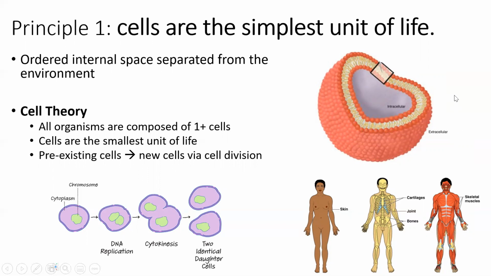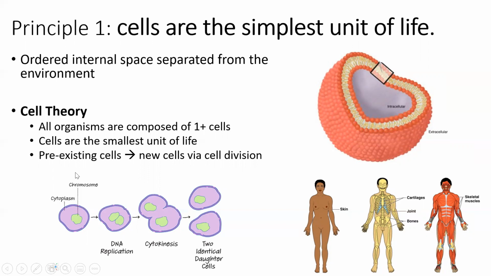And when we talk about the cell itself, biologists have developed a theory known as the cell theory. And that is that all organisms are composed of cells, one or more cells. Cells are the smallest unit of life, so that's why we have the simplest unit of life right here.